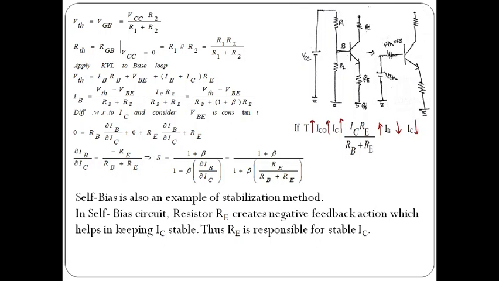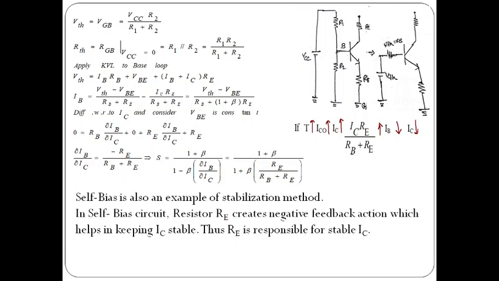So it is also similar to our collector to base bias. Initially the collector current increases, finally the collector current decreases. The increased collector current is cancelled by the resultant collector current. So it is also an example of a stabilization method. We are stabilizing the IC value.